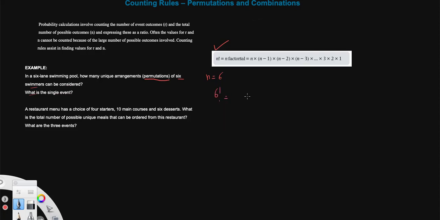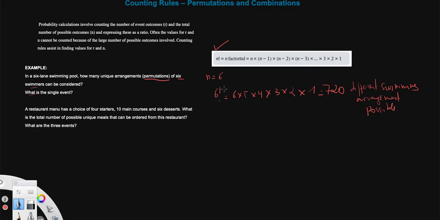By 6 factorial, what we do is 6 times 5 times 4 times 3 times 2 times 1. And this gives us what? 720. So those are the different swimming arrangements possible.